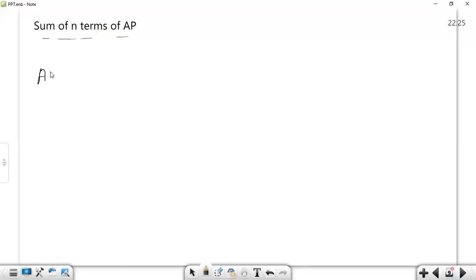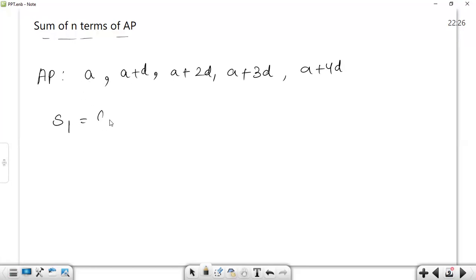So let's go back and discuss the general form of an AP, considering a as the first term. Naturally the second term will be a plus d, the third term will be a plus 2d, the fourth term will be a plus 3d, and the fifth term will be a plus 4d. Now what if we have to find out the sum of one term only? That is simply a.